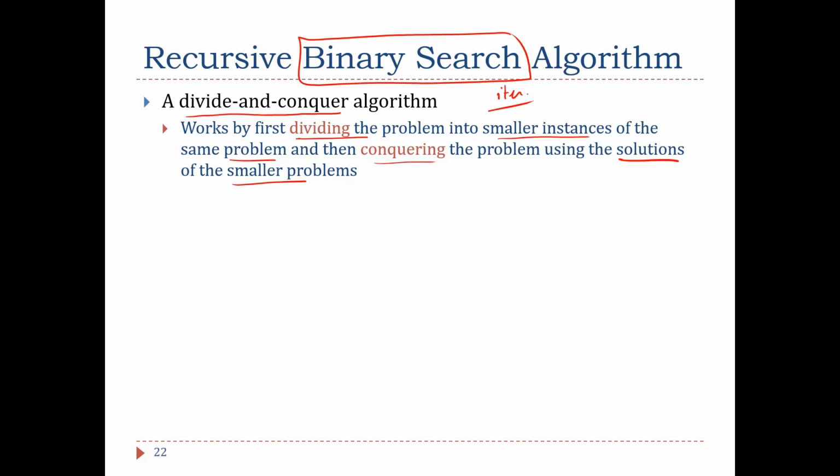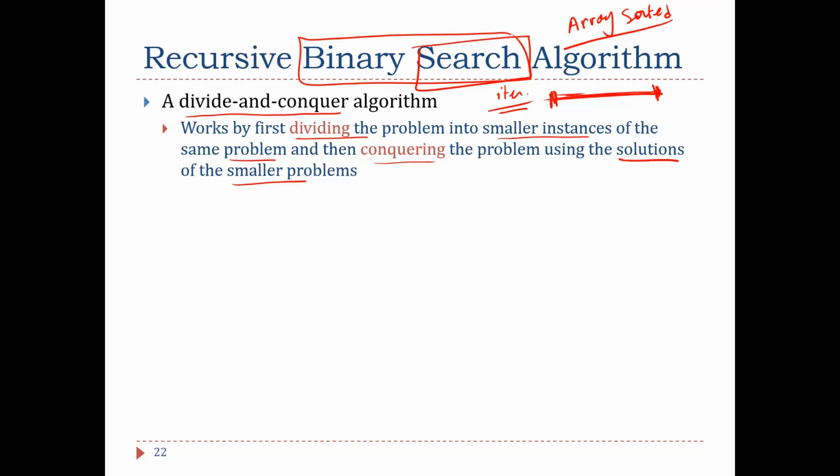I think you already know the iterative version of the binary search algorithm. It was a less efficient version because we would have reduced the scope within which we search for the value. First of all, it's a search algorithm and it works on arrays, and it requires that the array is already sorted.